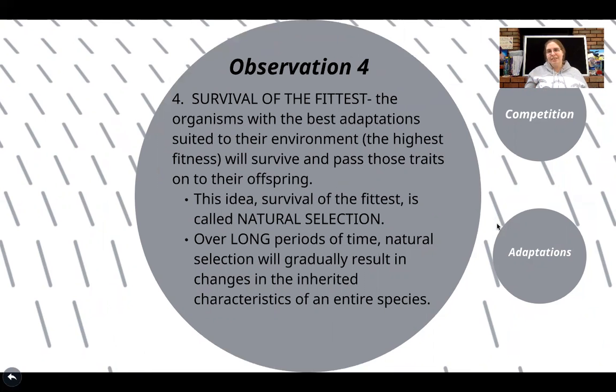Remember, we said fitness is looking at an organism's ability to survive and reproduce, so survive and thrive in their environment. So survival of the fittest means that the organism with the best adaptations suited to their environment, in other words, the organism with the highest fitness, will survive and pass those traits on to their offspring.